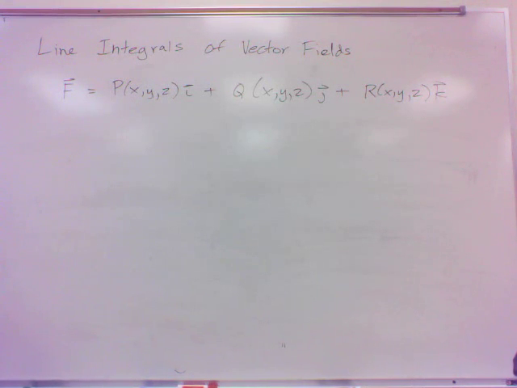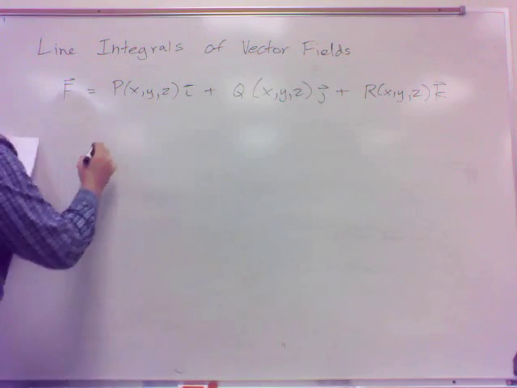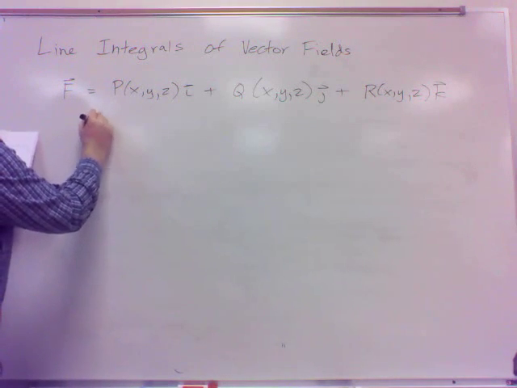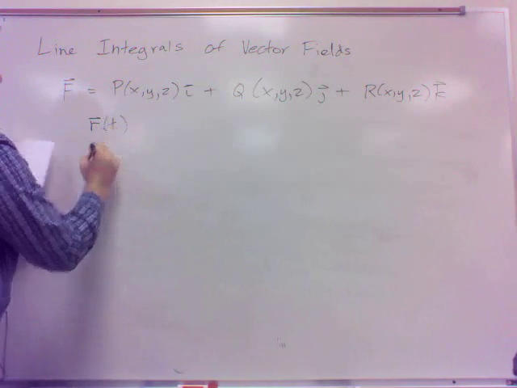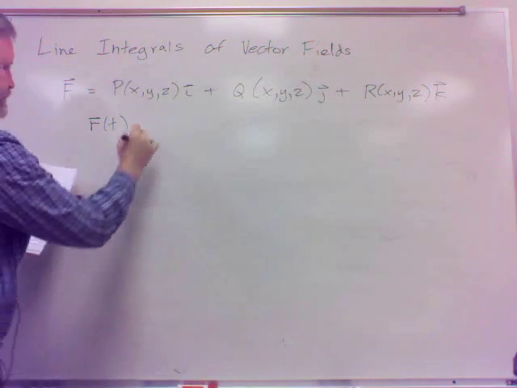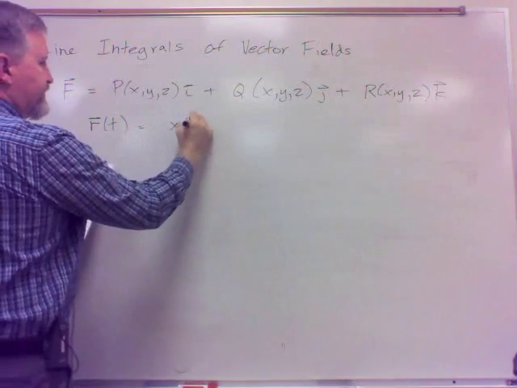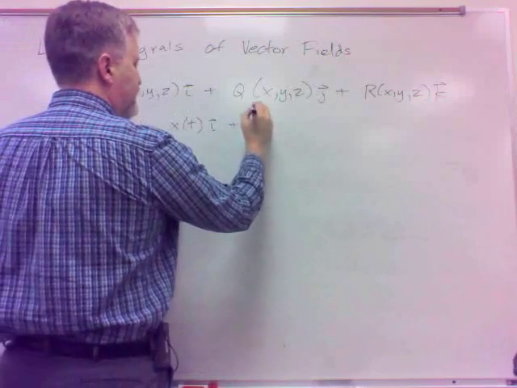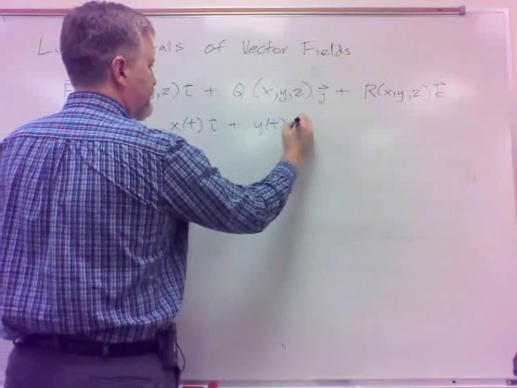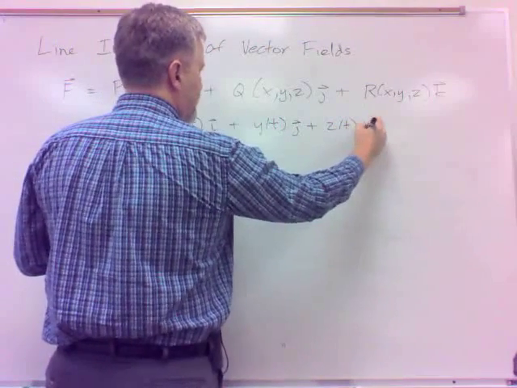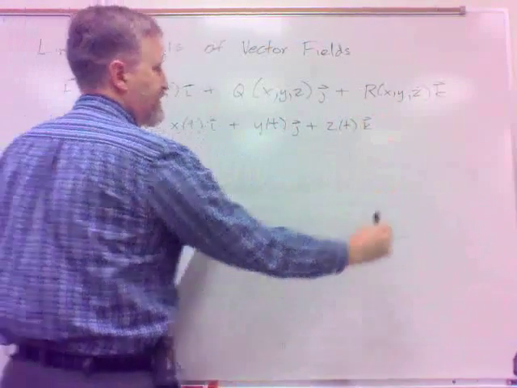Then we have a curve, and they usually do the curve in terms of a vector. Call it R. R equals, in parameter t, x of t i, y of t j, and z of t k. t runs a to b.